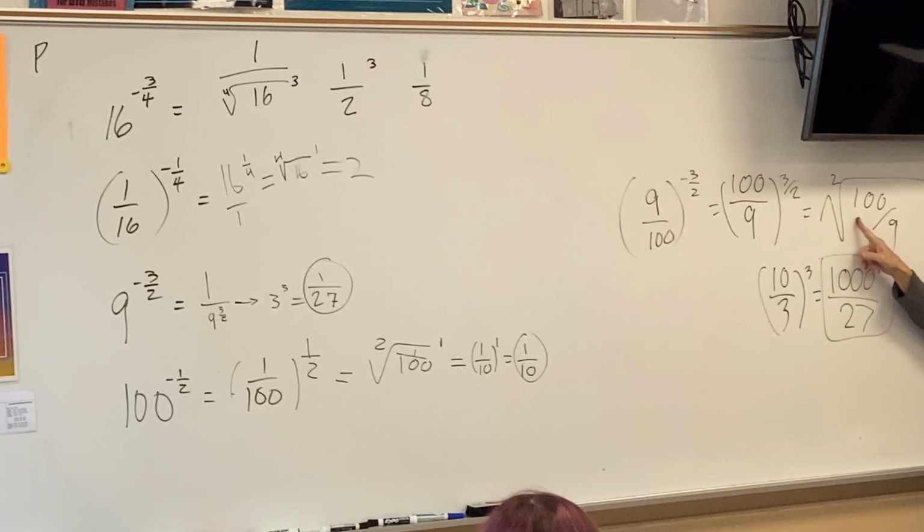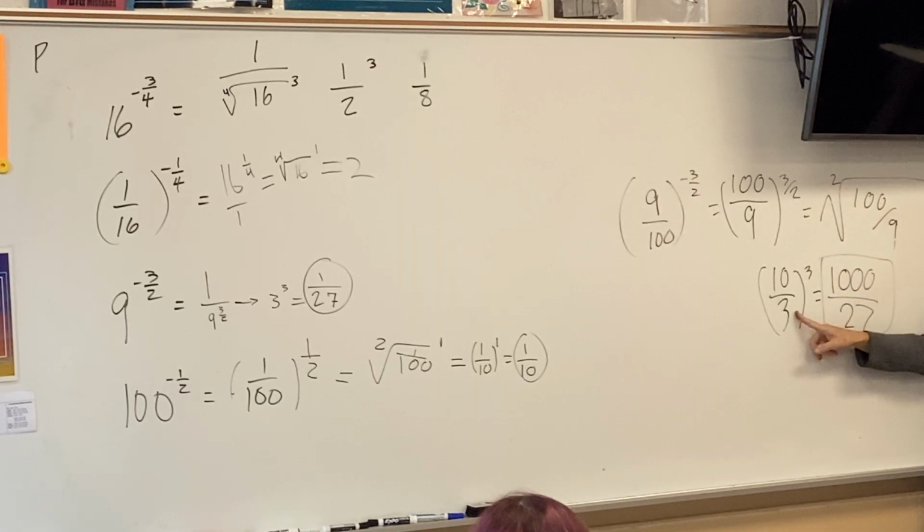What's the square root of 9? 3. Then I have to cube that. So this means 10 times 10 times 10, which is 1,000. And then 3 times 3 times 3, which is 27. If you do it in those steps, you don't need a calculator because it's all really easy math.